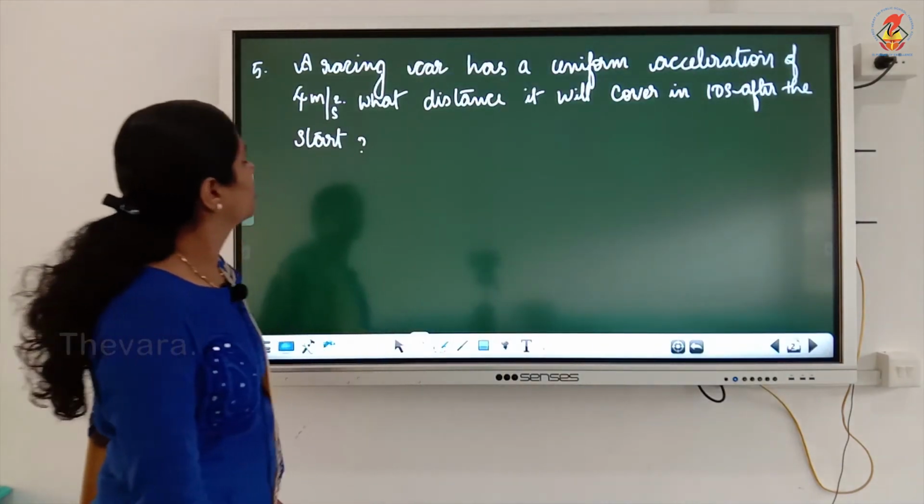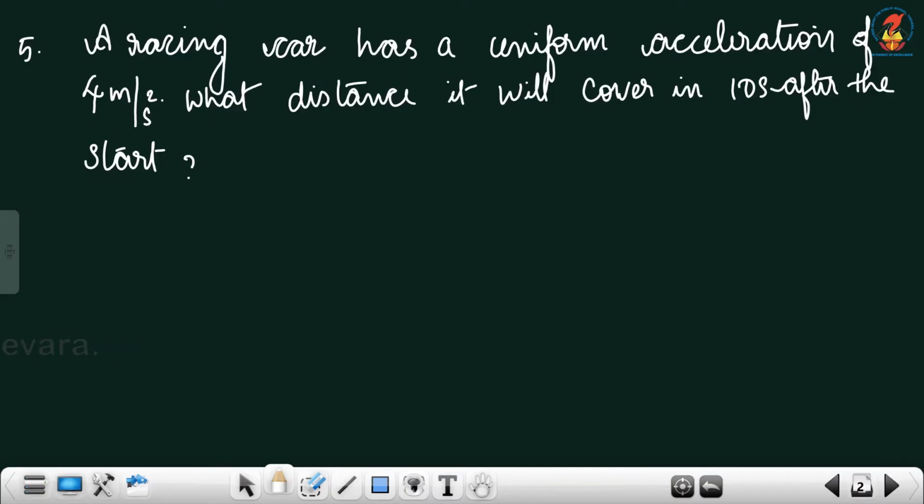Next one is, a racing car has a uniform acceleration of 4 meter per second square. What distance will it cover in 10 seconds after the start?